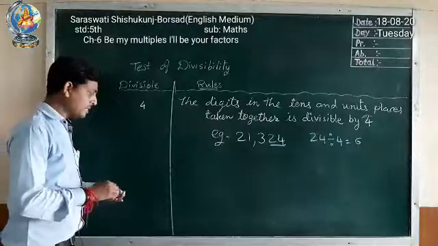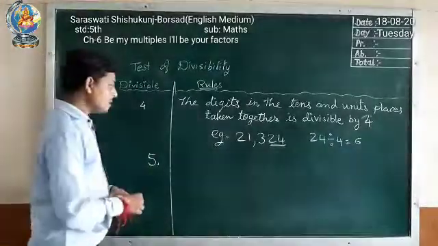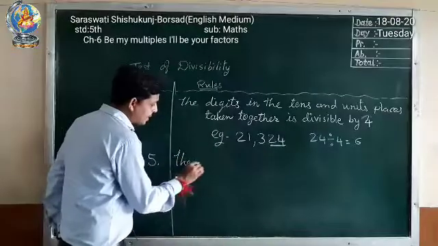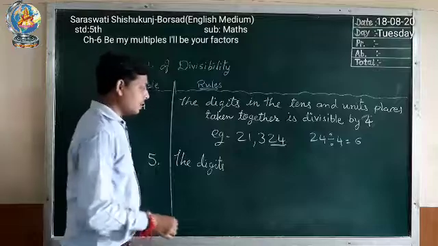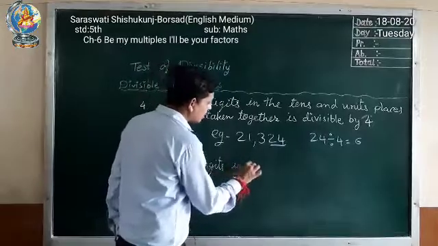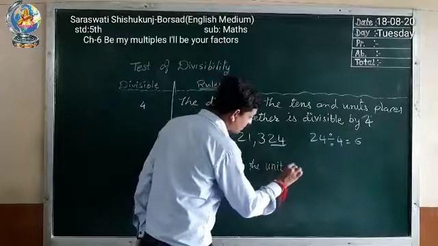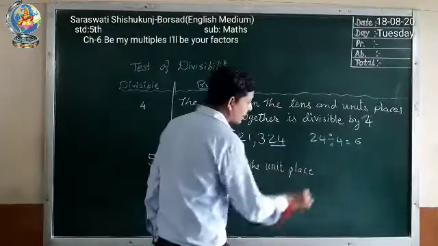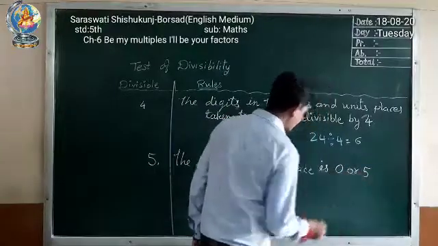Now we will take the next number, 5. What is the rule? The digit in the unit place is 0 or 5.